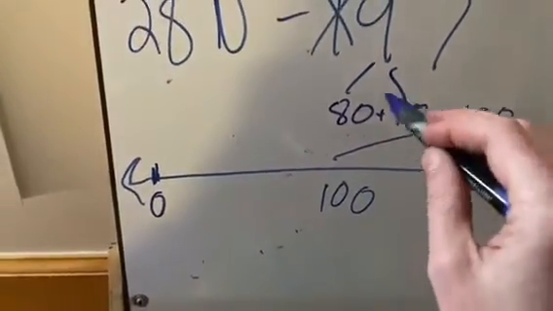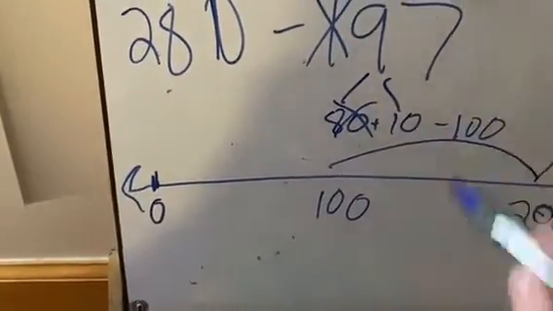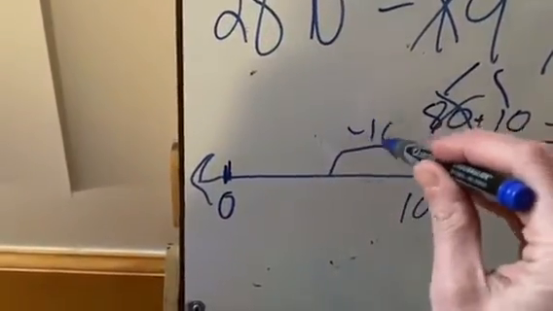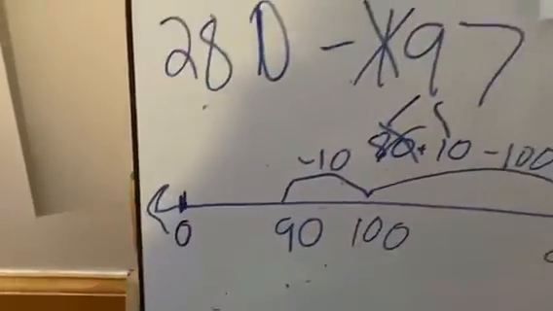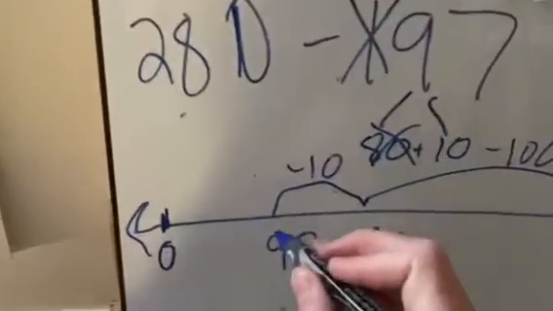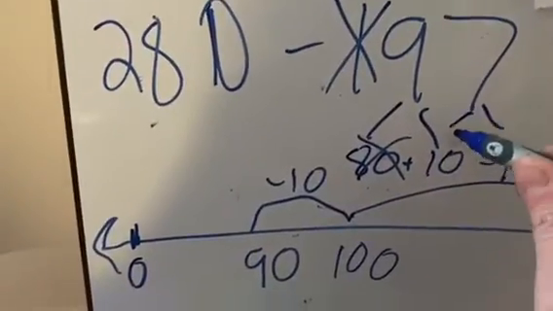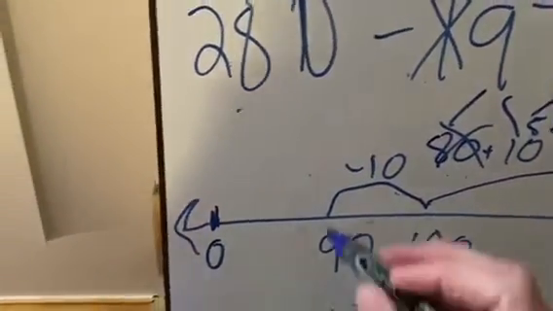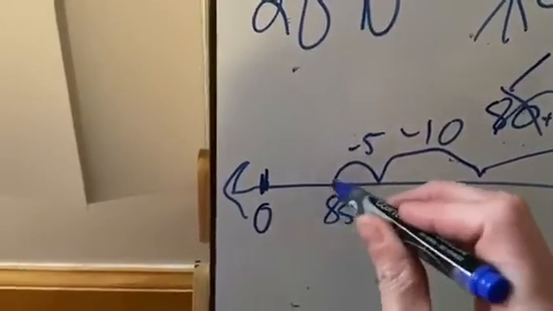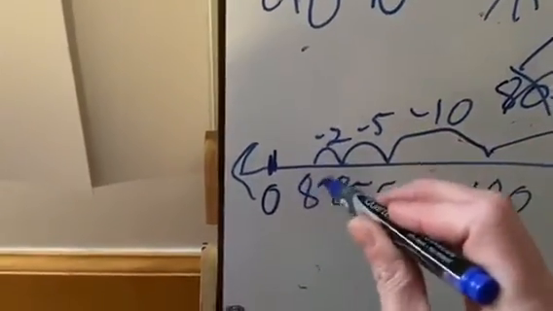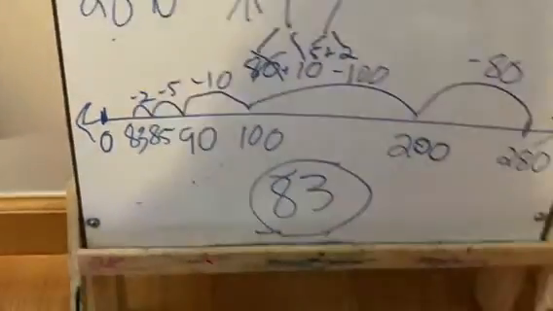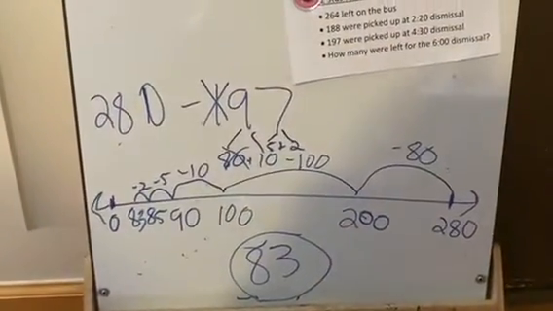And I still have that 10 and that 7 left, which I'm going to do first the 10, which gets me to the 90. And this should look very familiar to what the students already did, so they should feel very good about themselves. I'm going to do the same thing with the 5 plus 2. So subtract a 5, 85, subtract a 2, 83, and look, I have gotten the same number by doing something completely different.